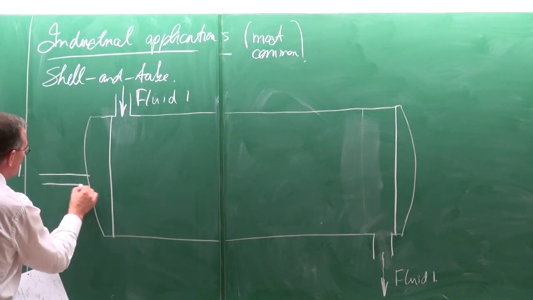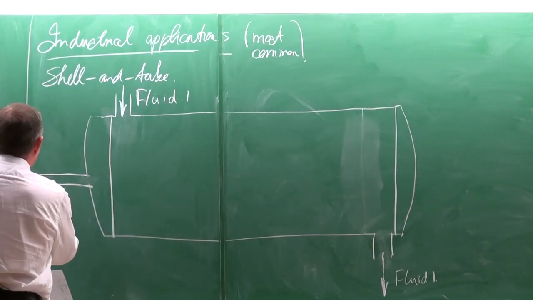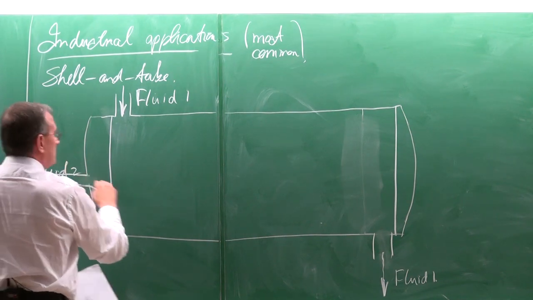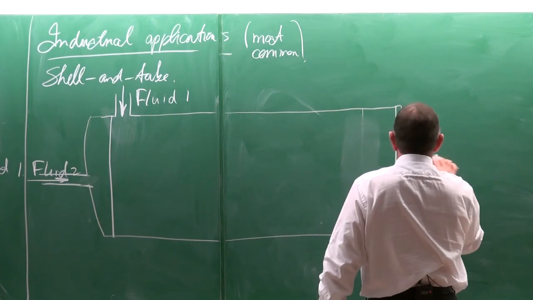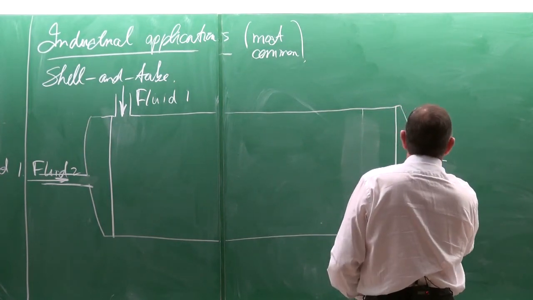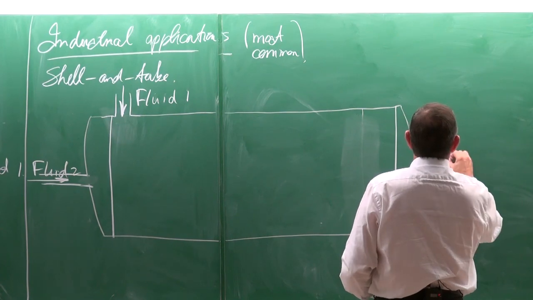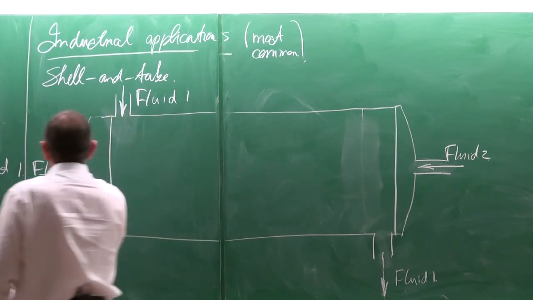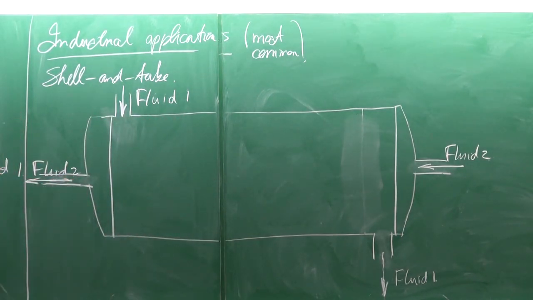And in here, we will get fluid 2 coming in like that. And there also, let's rather make the inlet there for fluid 2, and then it should go out there, so that it is sort of in a counterflow direction.